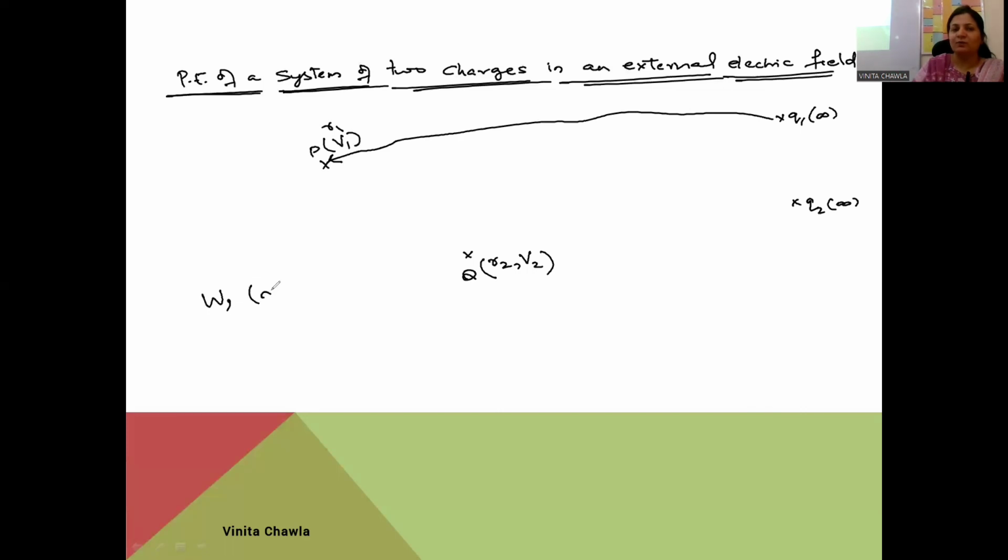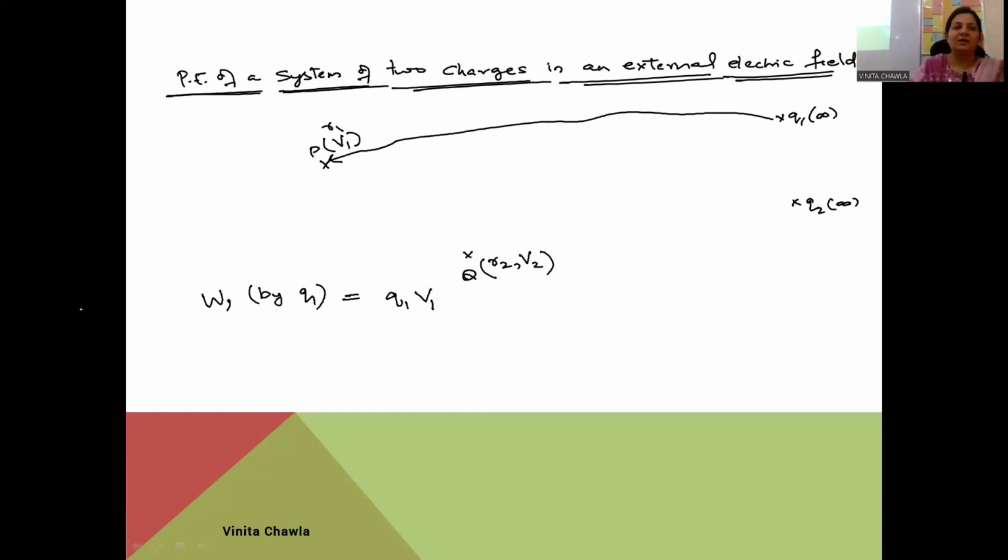This is the work done by Q1. It is equal to charge Q1 multiplied by the potential at P, which is V1, so Q1 V1. So Q1 V1 is the work done by the charge.